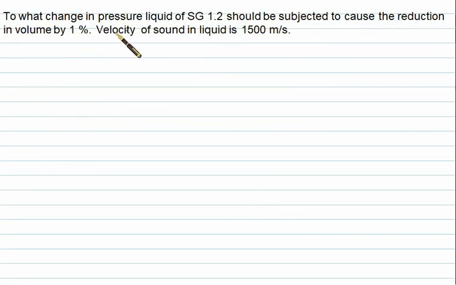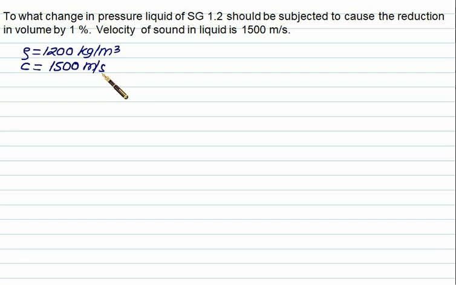To what change in pressure should a liquid of specific gravity 1.2 be subjected to cause reduction in volume by 1%, and velocity of sound in liquid is given as 1500 meter per second. So we have density is specific gravity multiplied by 1000, that is 1200 kg per meter cube. Velocity of sound c equal to 1500 meter per second.